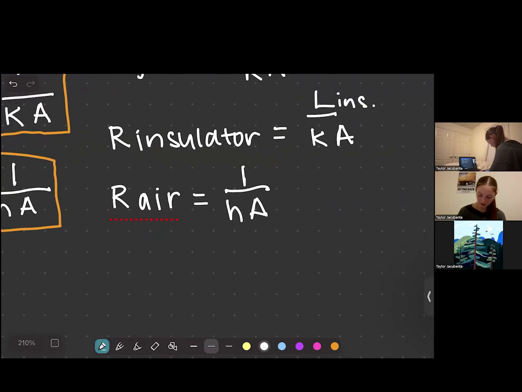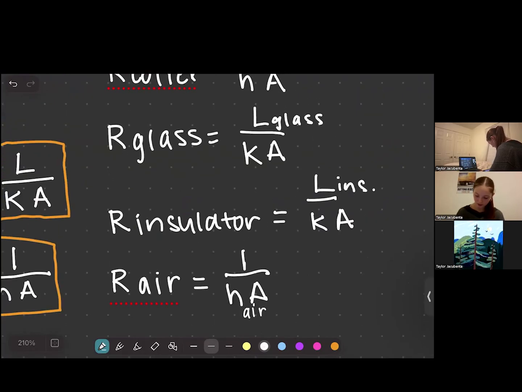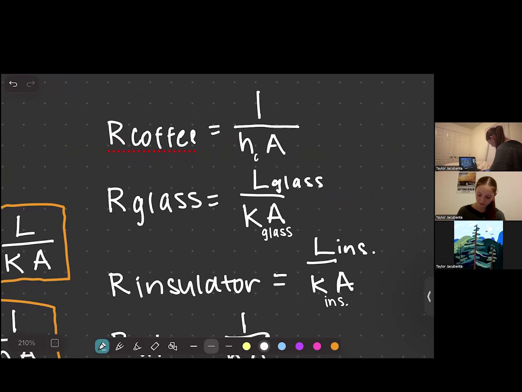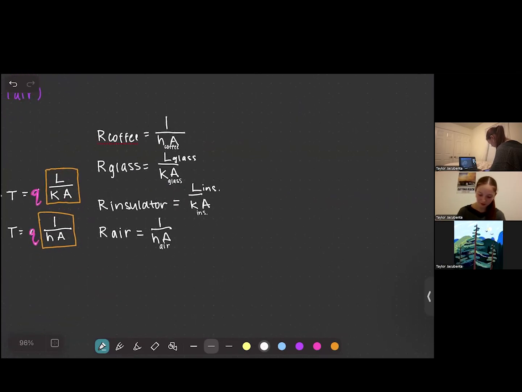So this is the h of air. This is the thermal conductivity of the insulator, of glass, and then the h of the coffee. Just for further clarification there.